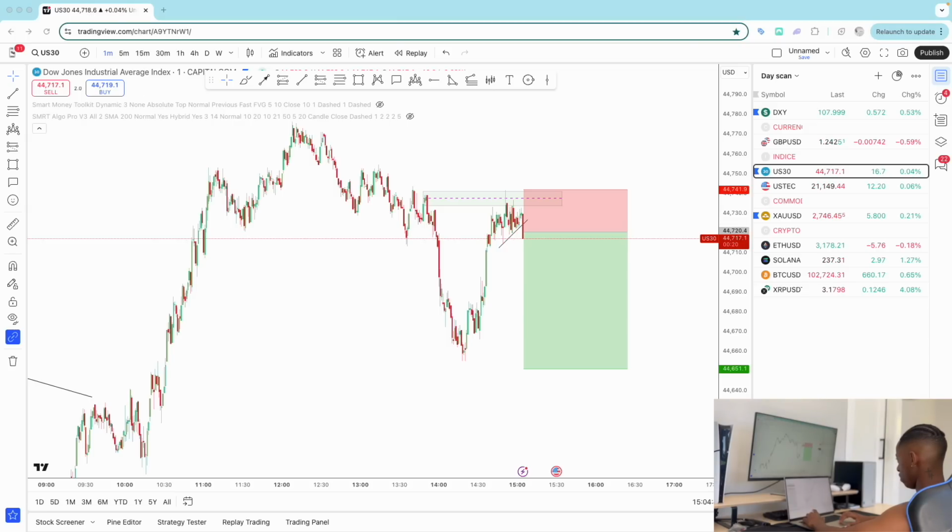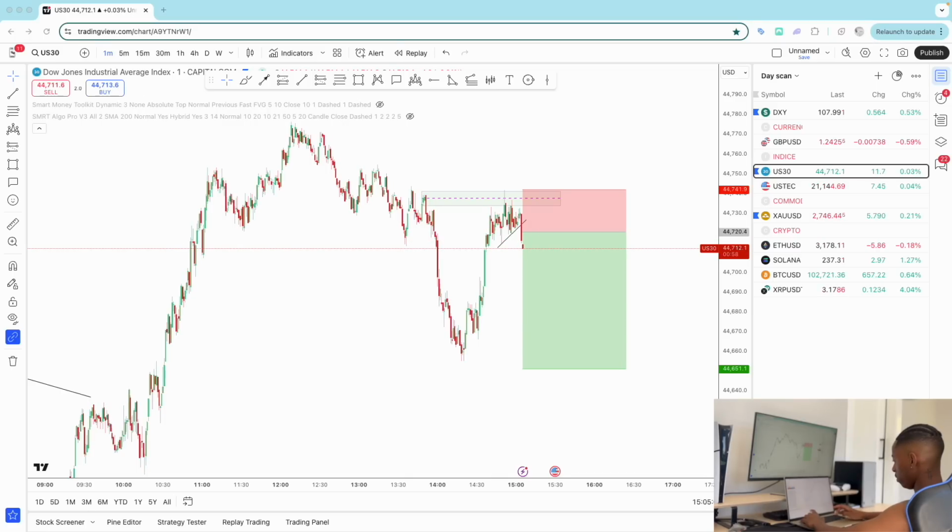There we go. Just put my stop loss somewhere above here. Take profit somewhere below here. Okay, so I just want to use a bigger lot, maybe 1 lot. Let's just go.